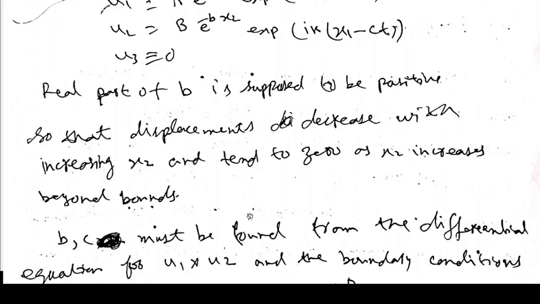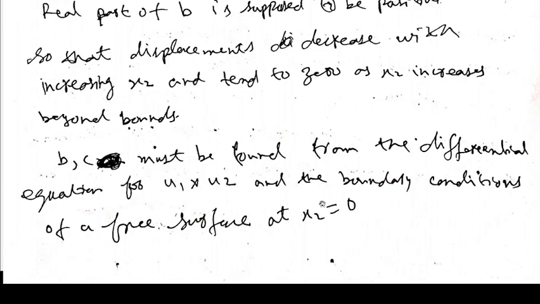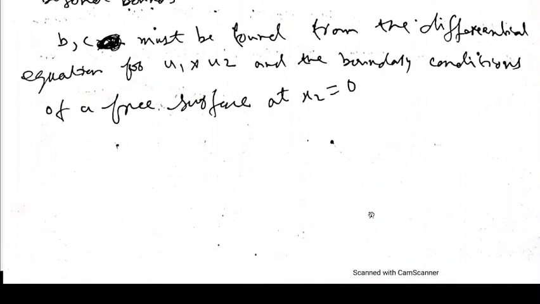Then we will apply the boundary conditions and get the value of c, the phase velocity. And we are supposing that we have free stresses, so we will have to calculate the stress components there at x2 equal to 0.